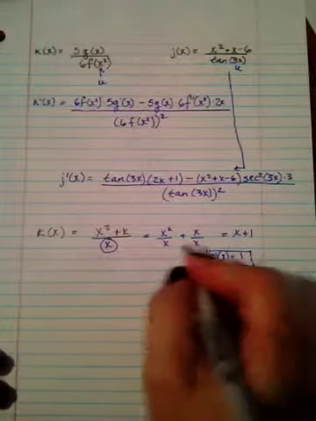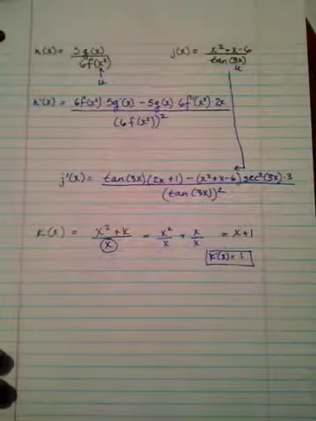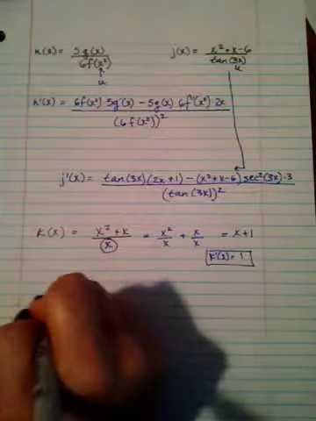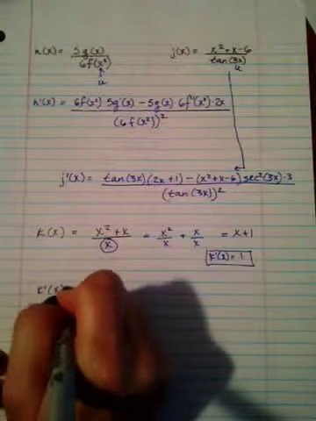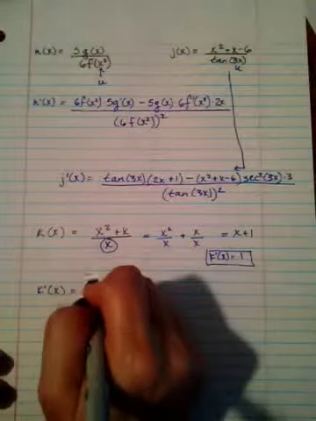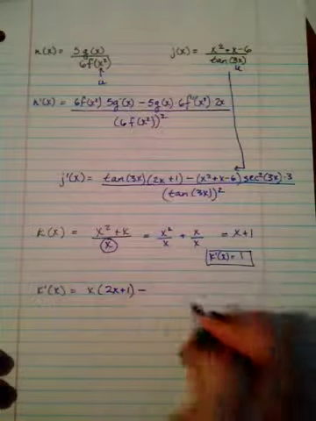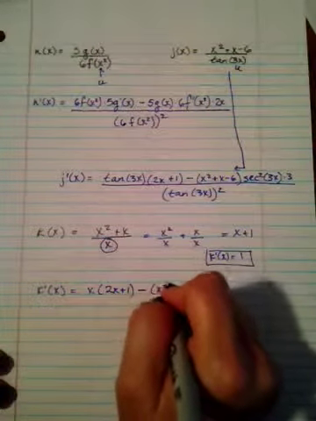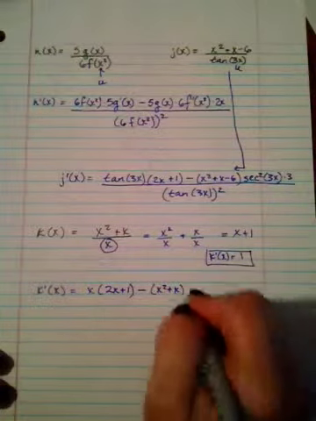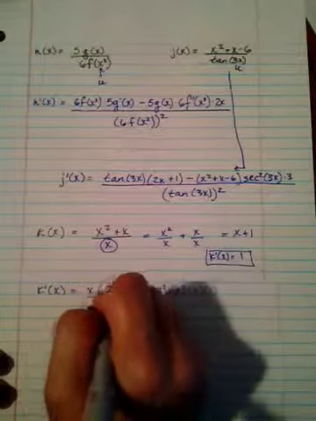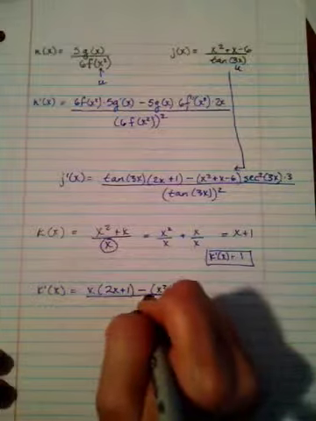Now if I do the quotient rule, I should end up with the same thing. So we're going to do that. So it's the bottom function, x, times the derivative of the top. So 2x plus 1. Minus the top function, x squared plus x, times the derivative of the bottom, 1, over the bottom squared.